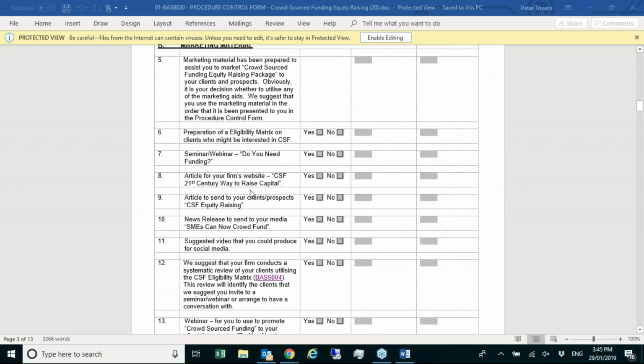Just refresh my memory, what do the investors get in exchange? Ordinary shares. So with all categories, profit, capital and voting rights. They're ordinary shareholders. So you're in effect like anyone else.